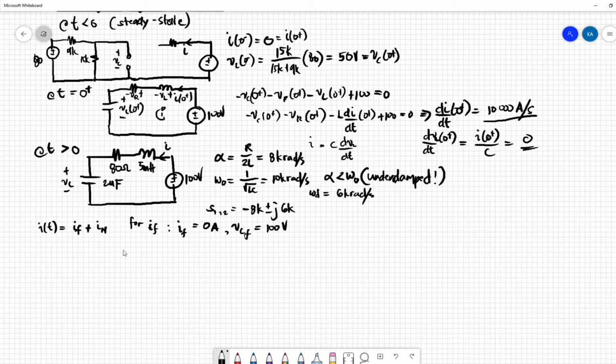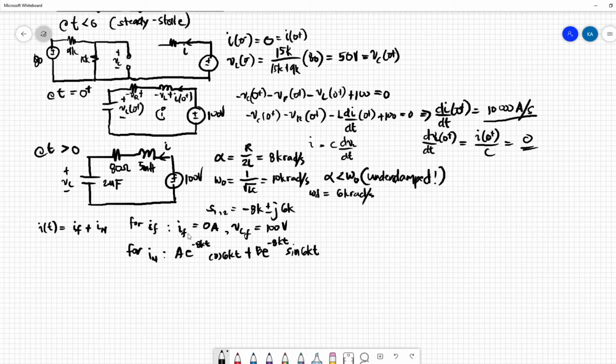Now for the natural response, since this is underdamped, we have Ae to the negative 8kt cosine of 6kt plus Be to the negative 8kt sine of 6kt.